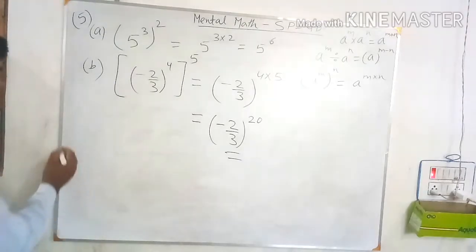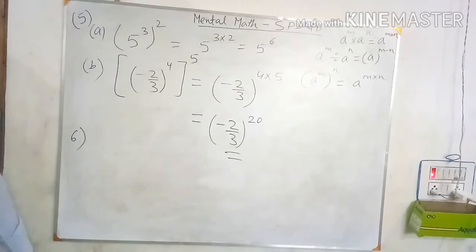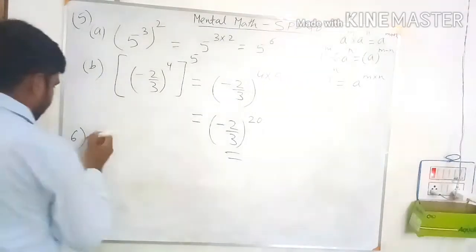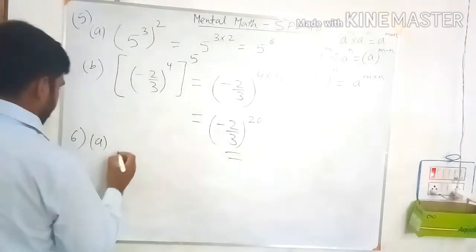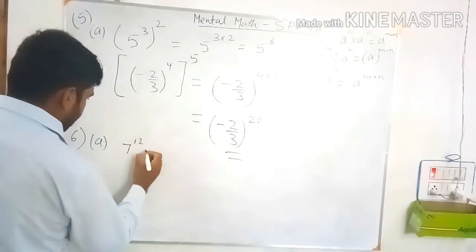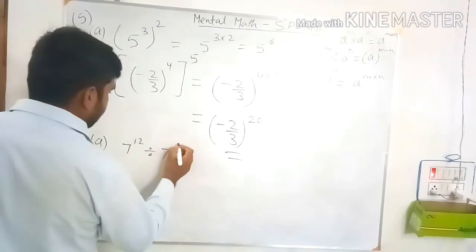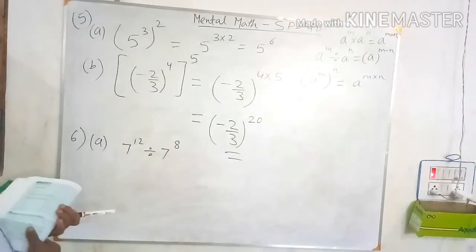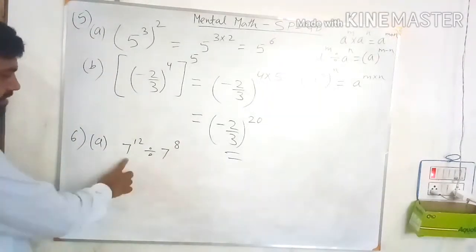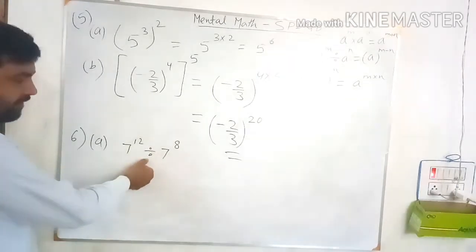So question number 6A. Question is 7 to the power 12 divided by 7 to the power 8. Which law do we apply here? Quotient law. See, the base is same. In both the exponents, base is 7 and both are divided with each other.